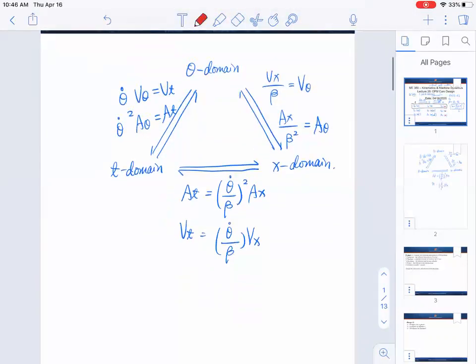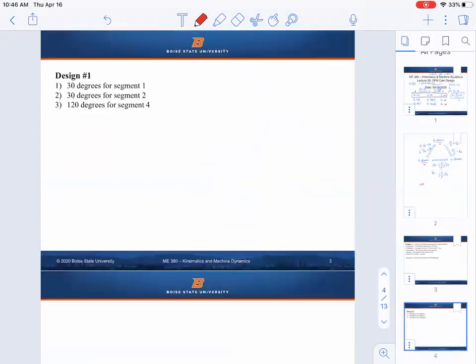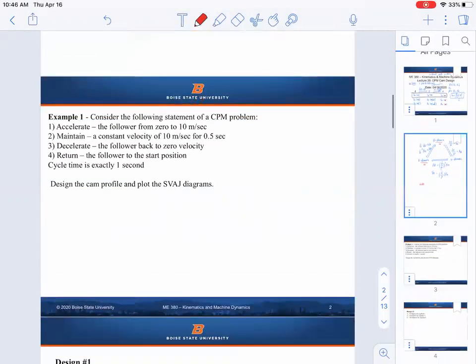The note is, if you want to transfer boundary conditions between different segments, you can only do it in either the theta domain or the time domain. You cannot transfer boundary condition information in the x domain.